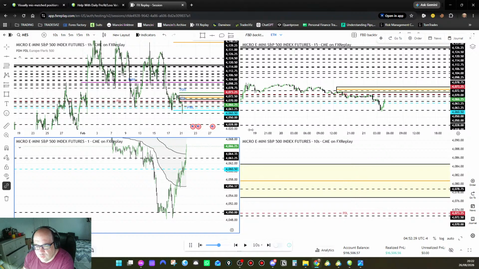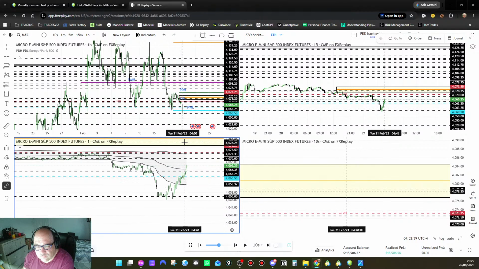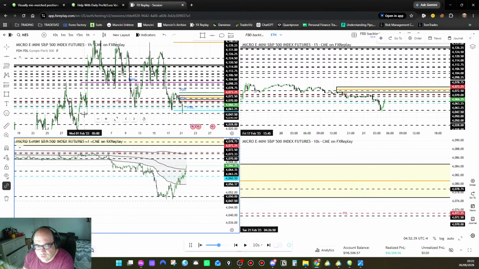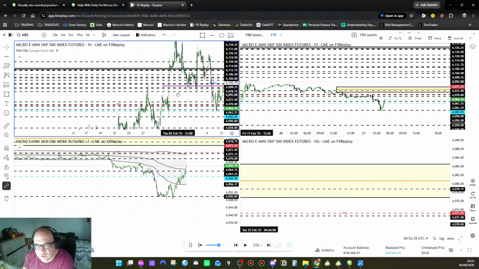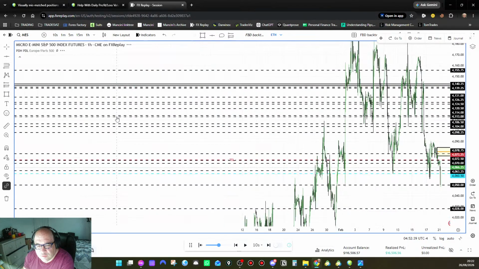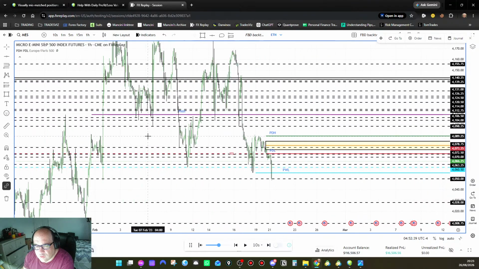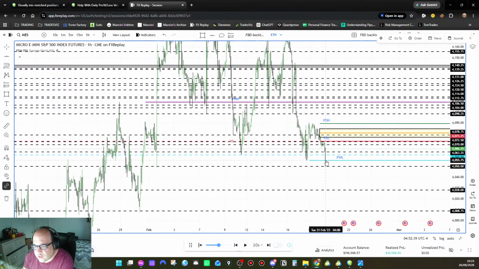We see a big fail breakdown of about 10 points. So it stopped at this point here. So this level, you can see, I'm not sure if you can see the screen. So this is where we are now. We came down, we did this fail breakdown.